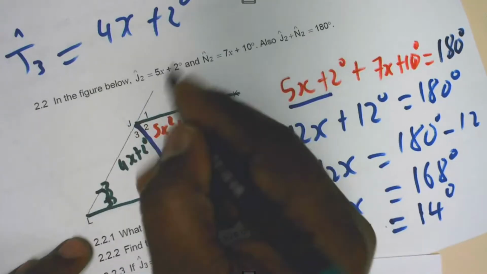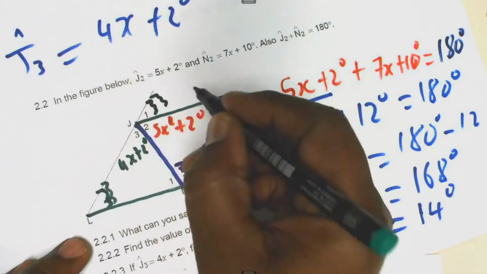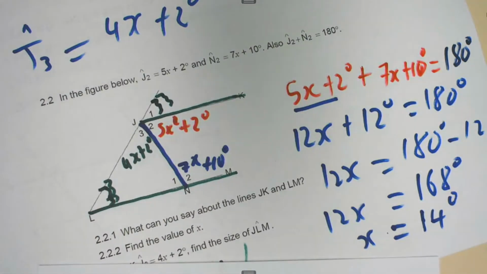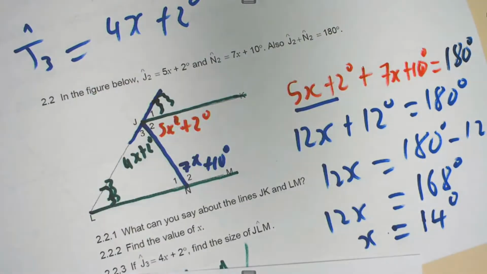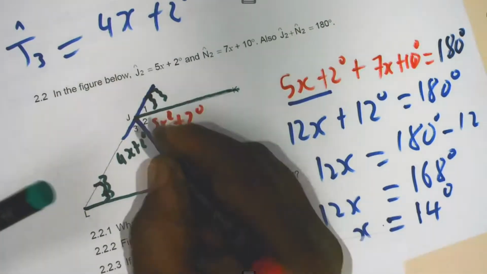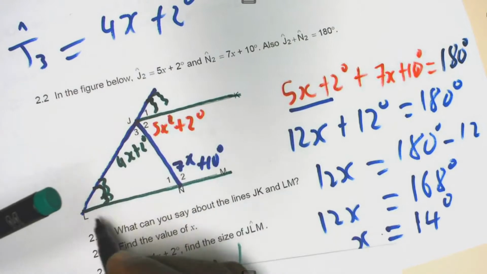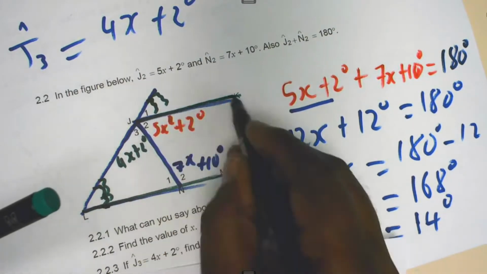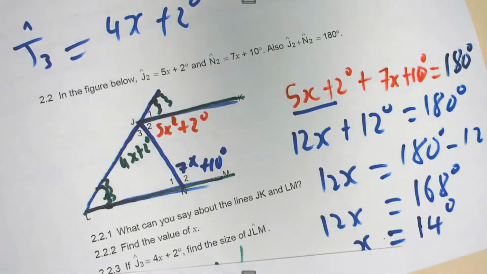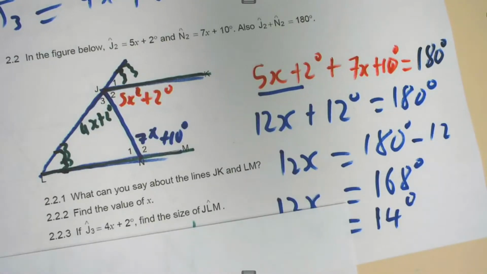JLM is actually equal to corresponding, your F. Remember, you were told to look for the patterns. There's your F. So J1 is equal to JLM. Therefore, we cannot find JLM, we must find J1 first.